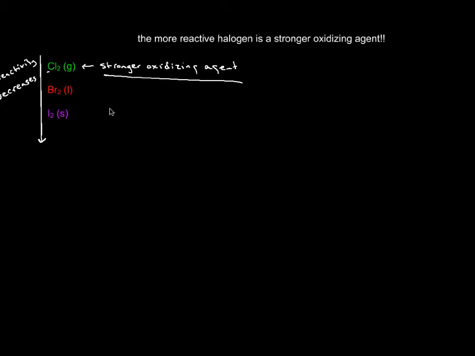So if I take chlorine gas and add it to potassium bromide, chlorine is much more reactive than bromine, and it's going to displace it. It's a stronger oxidizing agent.